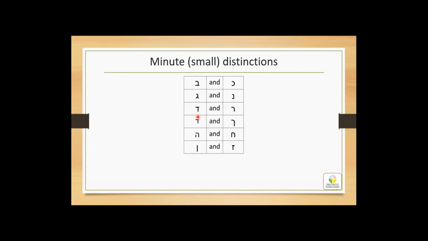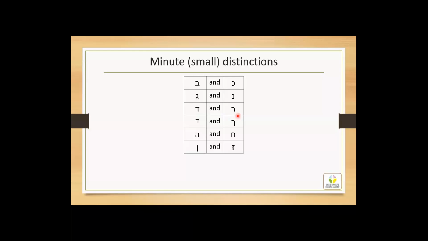Then we have, what is this letter here? Dalet. See there? It's got the straight across. It comes back with a little tittle and then it comes down. That is the dalet. Remember, dalet is 4.